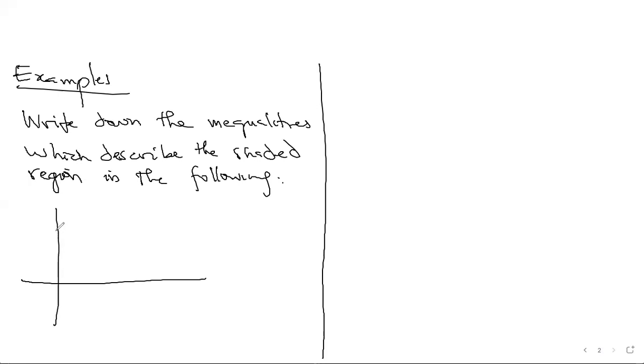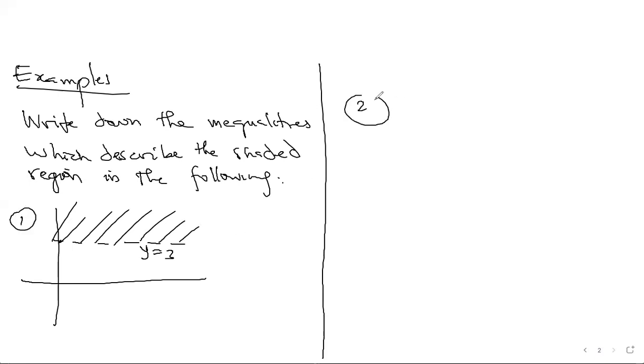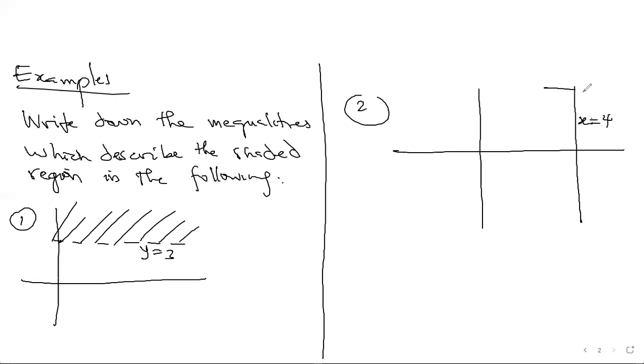So you have a graph like this, and you have this line. This is y equals 3, and you have this part shaded. This is one. Then the second one is this. You have this line, x equals 4, and you have this part shaded.